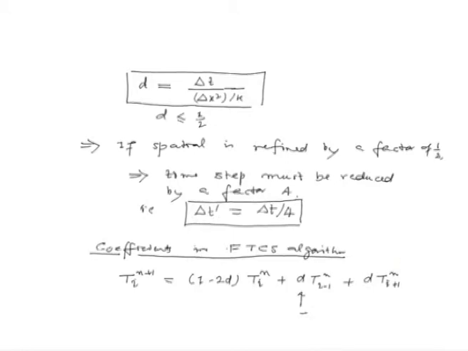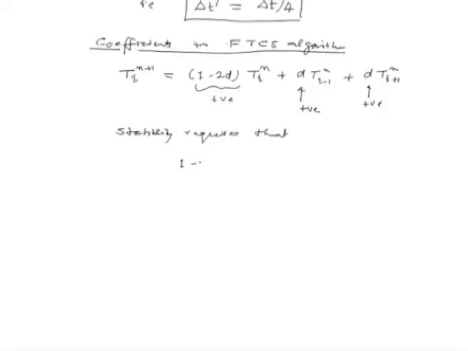Now, the last two are anyway positive. Stability requires that the first coefficient must be positive, that is 1 minus 2d should be greater than 0, which straightaway leads to the same condition that d should be less than or equal to half.